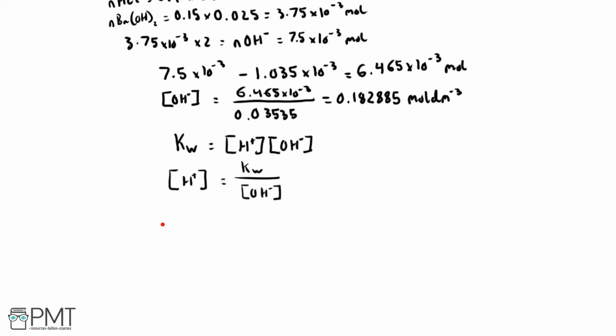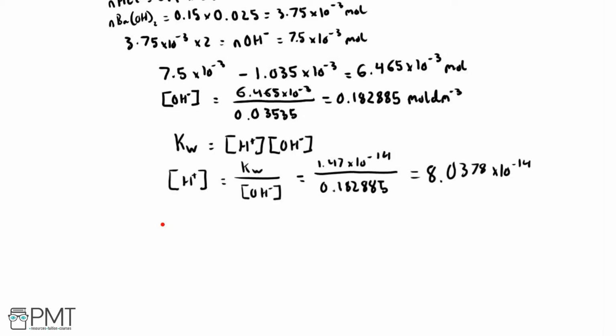So substituting in our numbers, what we will find is that we have 1.47 times 10 to the minus 14 from our water ionization constant over 0.182885 moles per decimeter cubed. This is going to give us a value for our hydrogen ion concentration at 8.0378 times 10 to the minus 14.